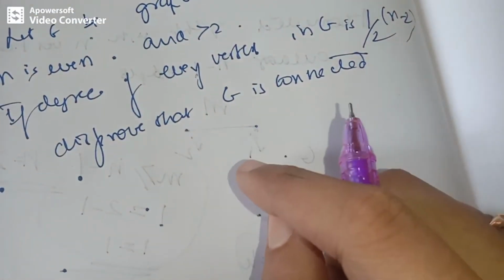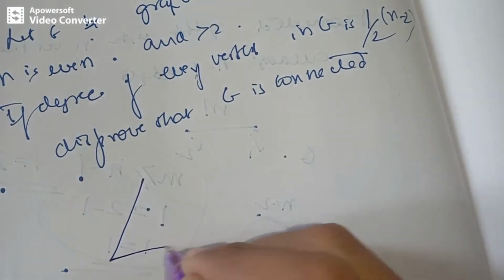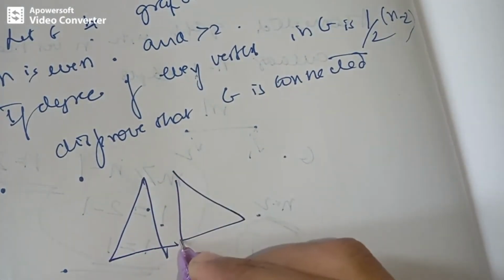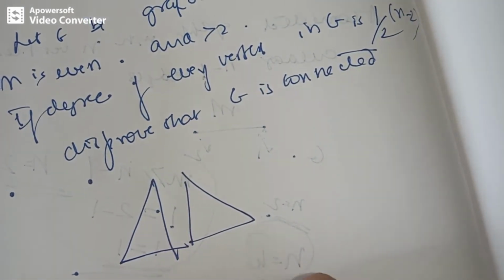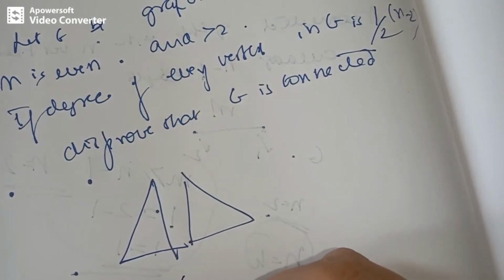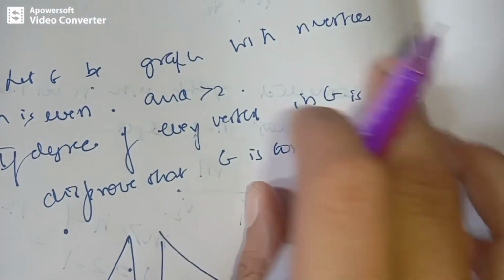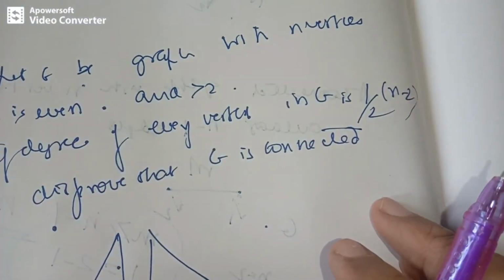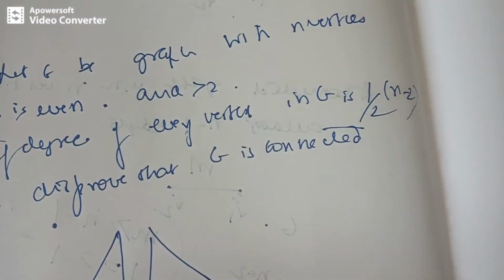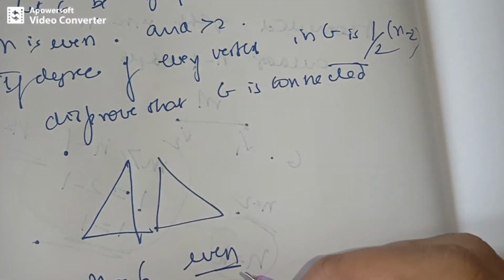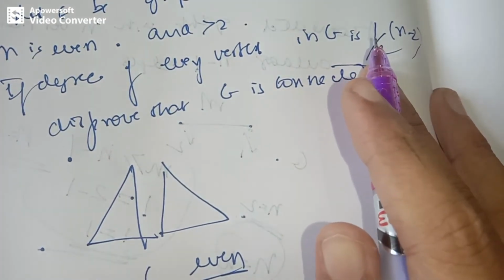So let us consider a disconnected graph like this. These two are disconnected graphs. In this graph, how many vertices are there? The number of vertices is 6, which is even, and it is greater than 2. The n value is 6, which we have got from the graph. Now we have to check the degree of every vertex.